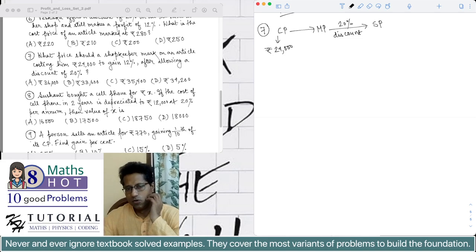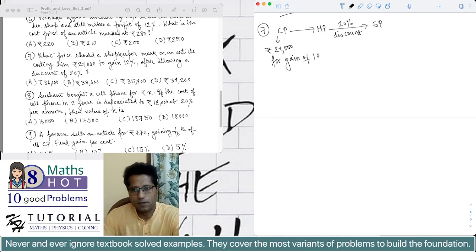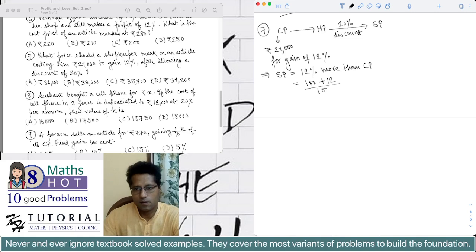Now, if we know the cost price and the gain percent, we can find the selling price. A gain of 12% implies the selling price is 12% more than cost price, which means 100 plus 12 divided by 100 multiplied by CP, which is 24,000.